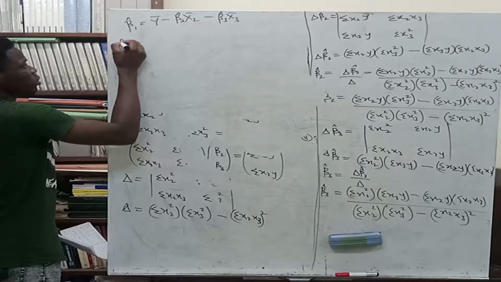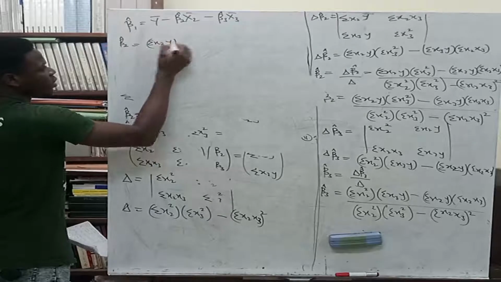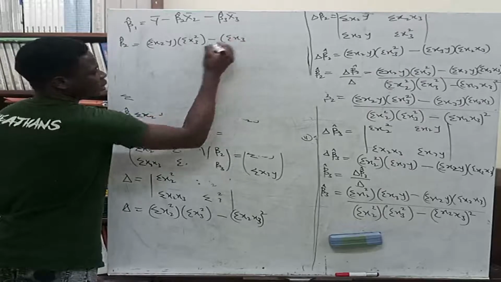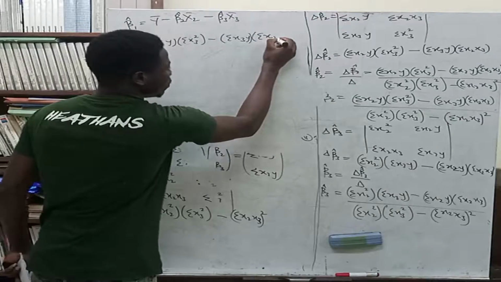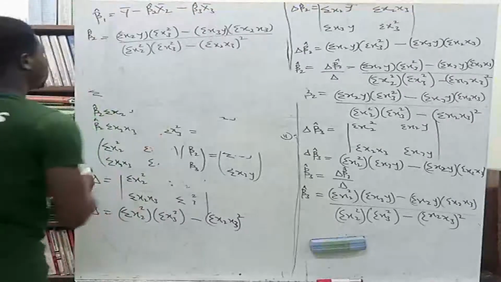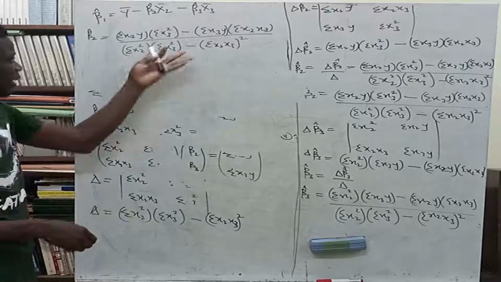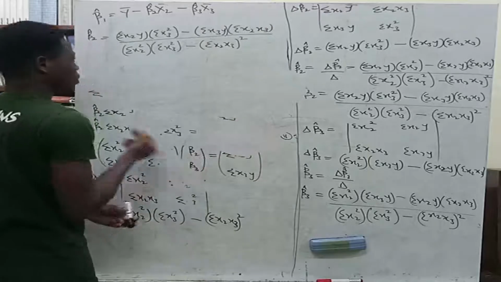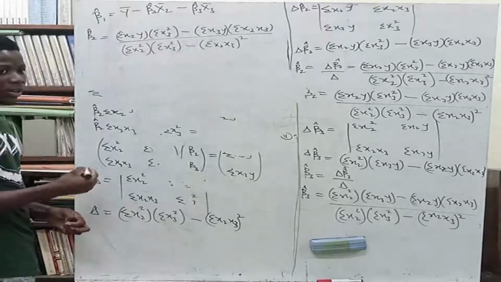Then for beta 2 we have summation x2y summation x3 squared minus summation x3y summation x2 x3 all over summation x2 squared summation x3 squared minus summation x2 x3 all squared.